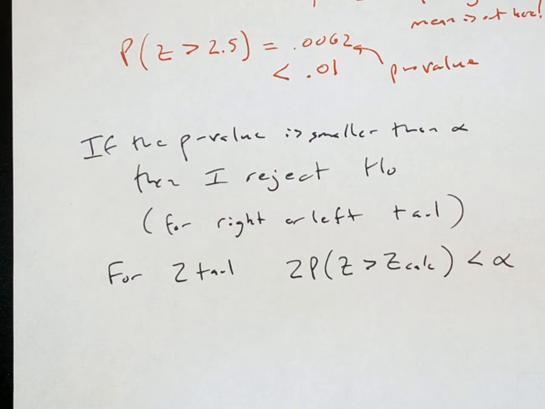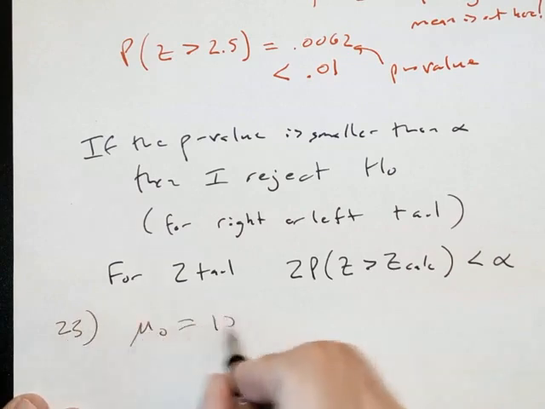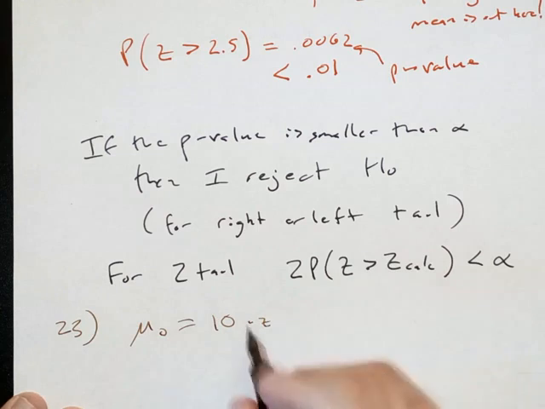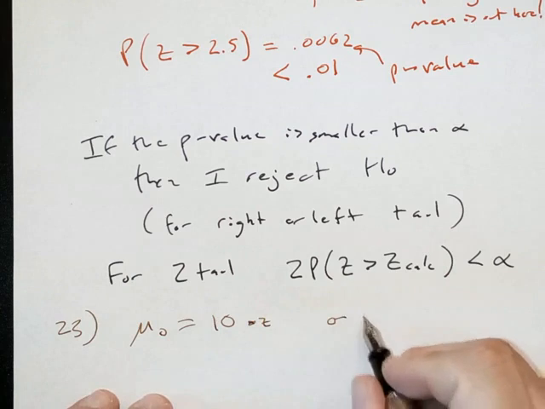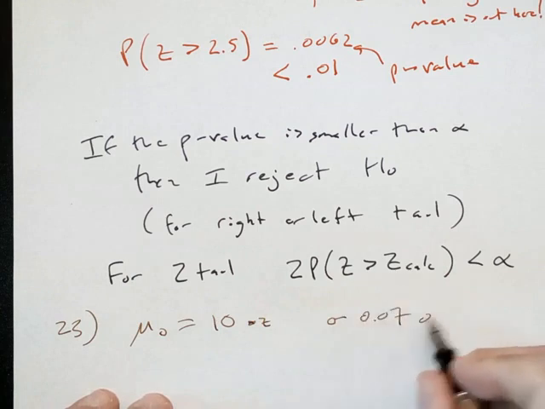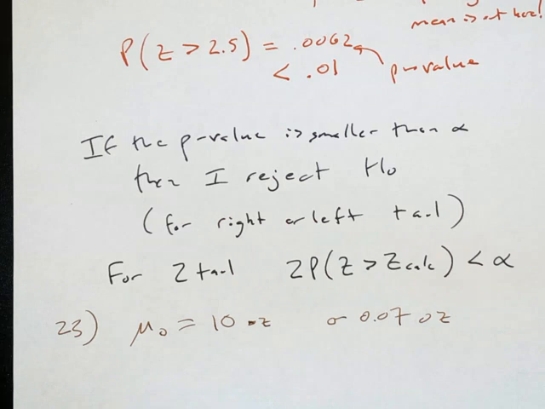An airline serves bottles of spring water that should contain 10 ounces. Problem number 23. They should contain 10 ounces, with a standard deviation of 0.07 ounces. In problem number 23, they give me 12 randomly chosen bottles.